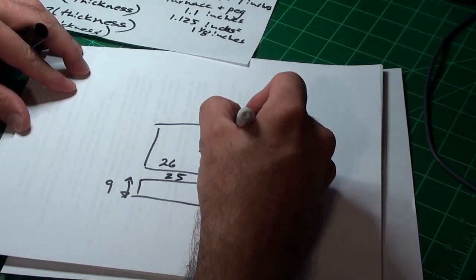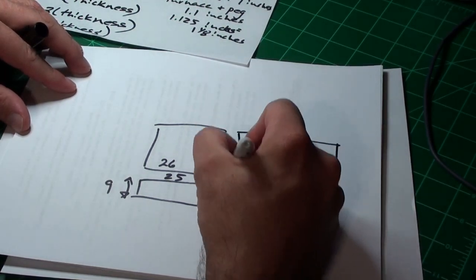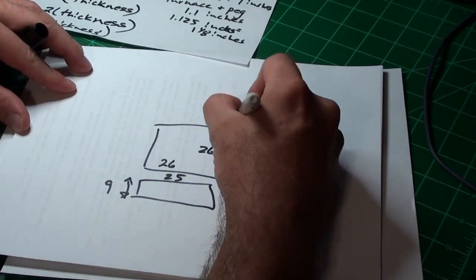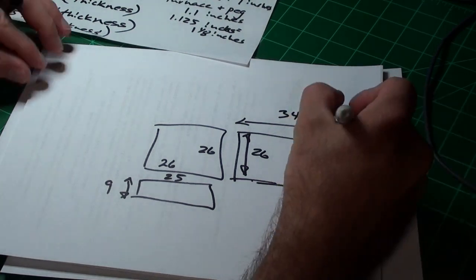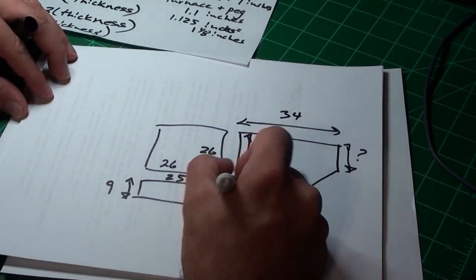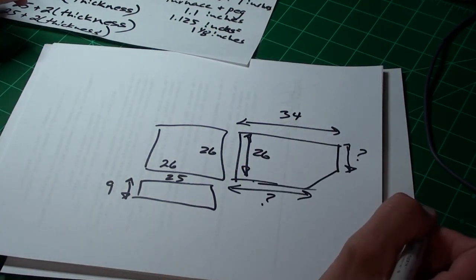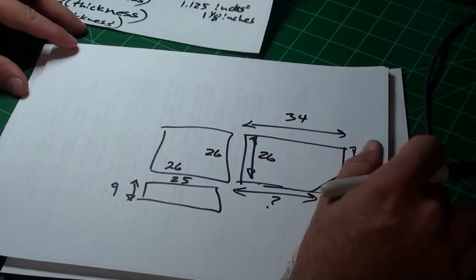The side here, this dimension here was 26. This dimension here was 34. This here I was playing by ear, and so was I with this part right here. I just kind of come in here and cut a notch off. I thought it would look better with a notch cut off, so that's why I did that.